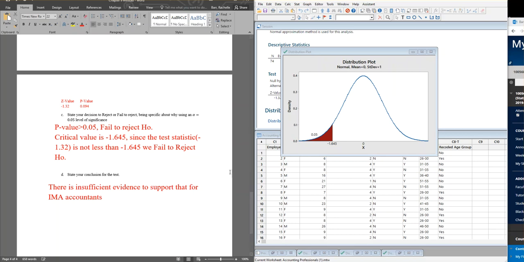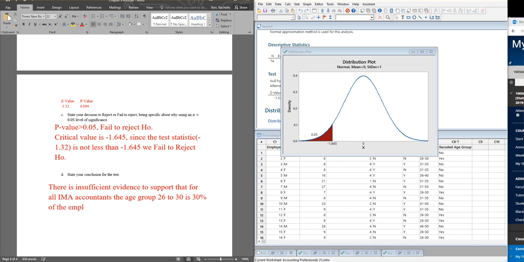I'm going to throw "all" in there again because I want to make sure I'm clear that this is a population. The age group 26 to 30 is 30% of the employees.